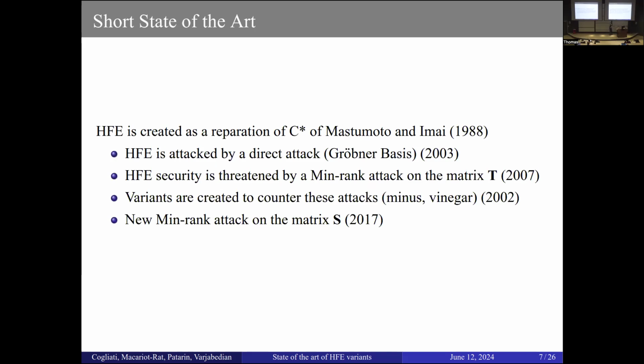All right. Since the creation, some attacks have been found. We have Gröbner basis attacks and MinRank attacks. Several variants were created, or they were created before but used later on to counter the attacks, so minus and vinegar, for example.